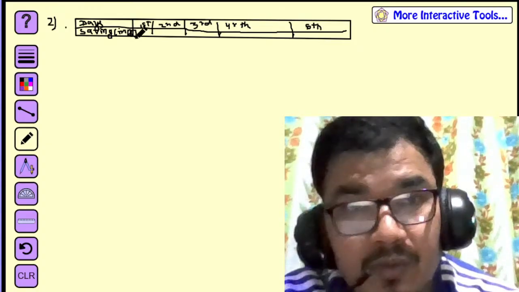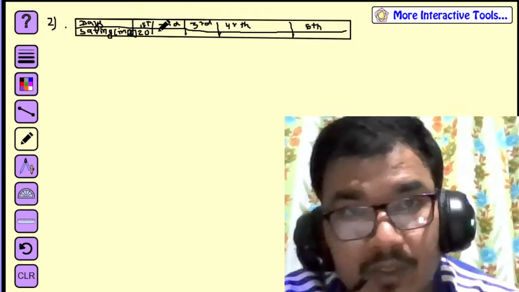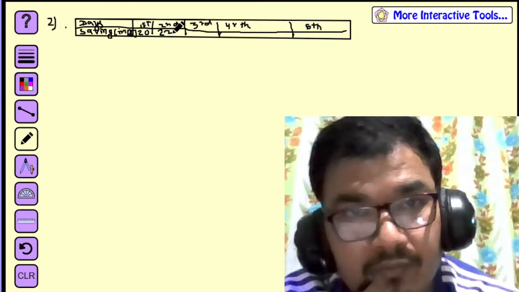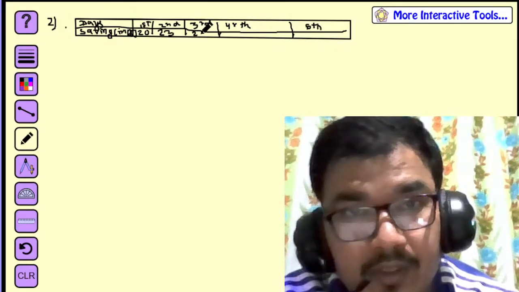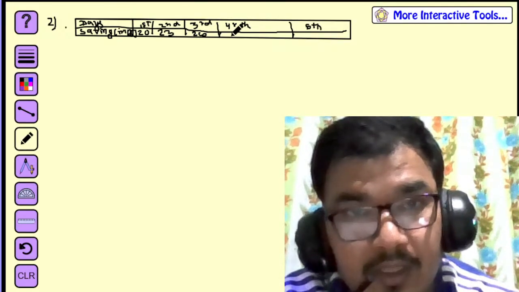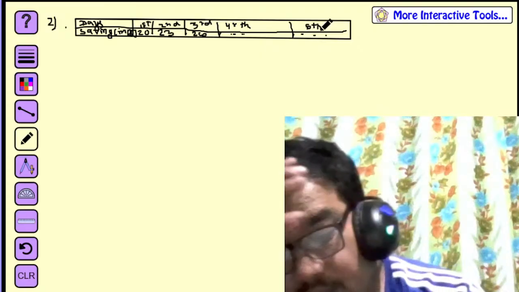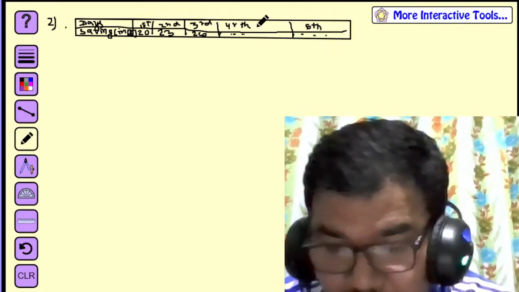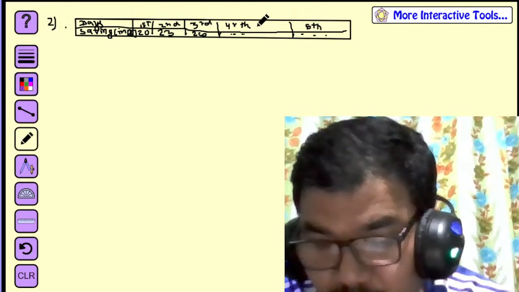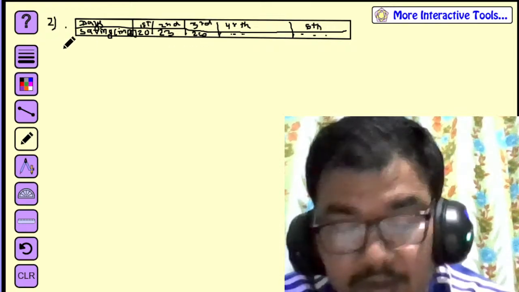For saving in rupees, the first day has a saving of 20, the second has 23, and the third has 26. The rest are blank.